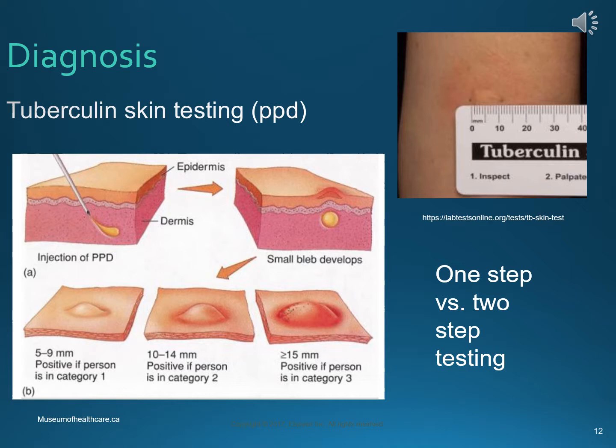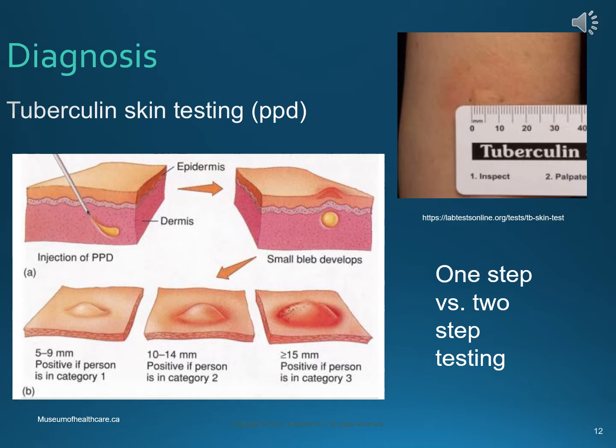Use half a cc, and then there are different categories of people for whom a positive test is different, and we'll talk about that a little bit more in the next slide.